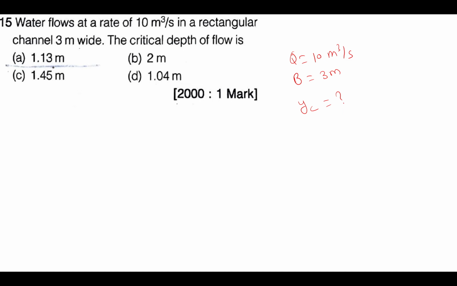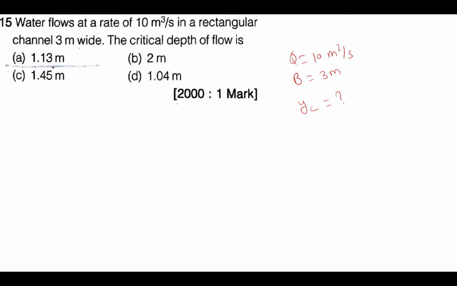Such type of question you can expect in other competitive exams also, like SSC JE. In SSC JE such questions are very common, and in BPSC, MPPSC, UPPSC engineering services, not the normal PSC or normal services in the PSCs.